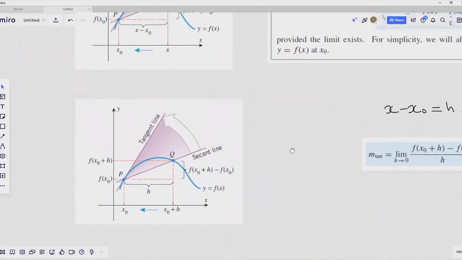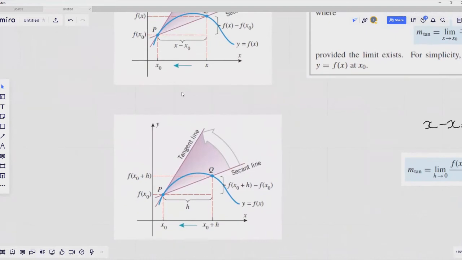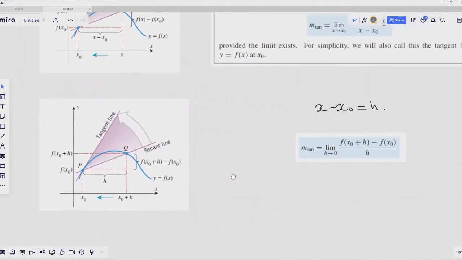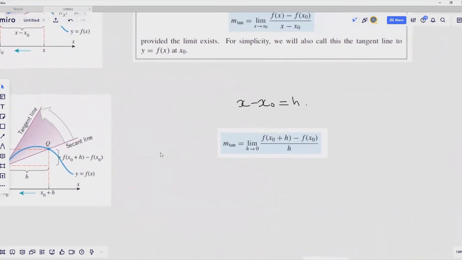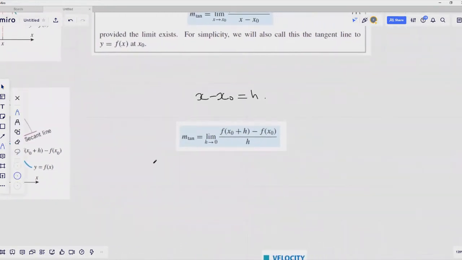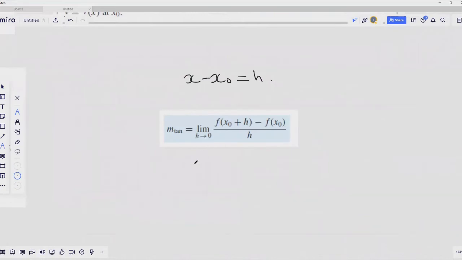This is a similar argument, but this time we're replacing x minus x0 by h. Another common notation you might have seen is when we replace h by delta: the limit as delta approaches 0 of (f(x0 plus delta) minus f(x0)) divided by delta.